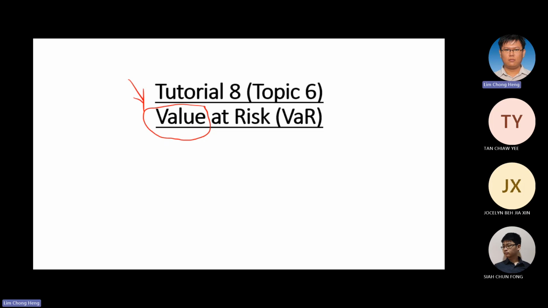But this method has one limitation. The limitation is, if your company has an asset that you are unable to value. For example, a mining company, a gold mine.